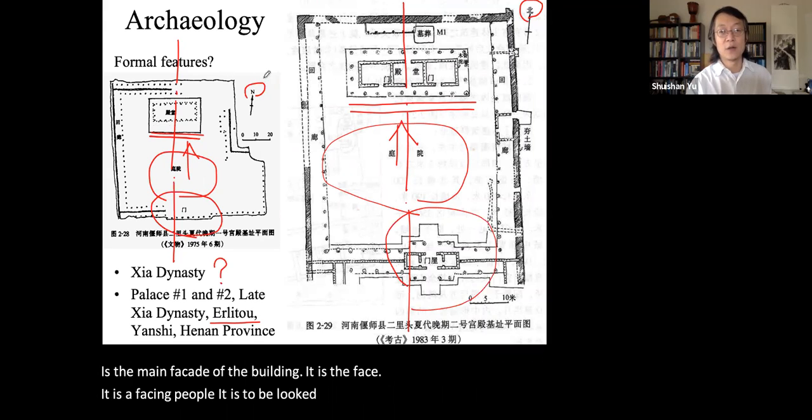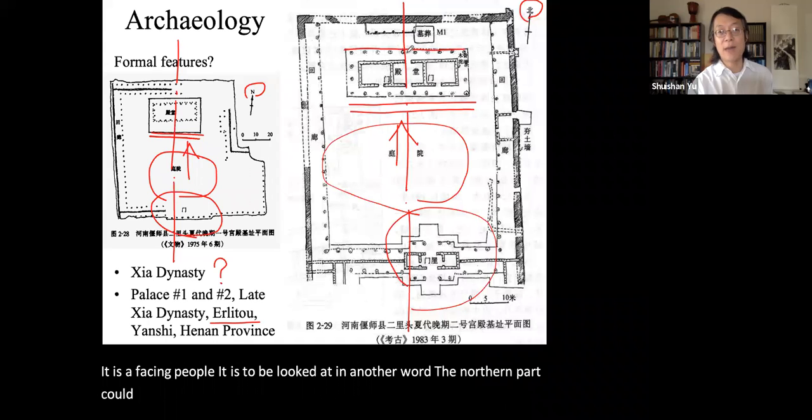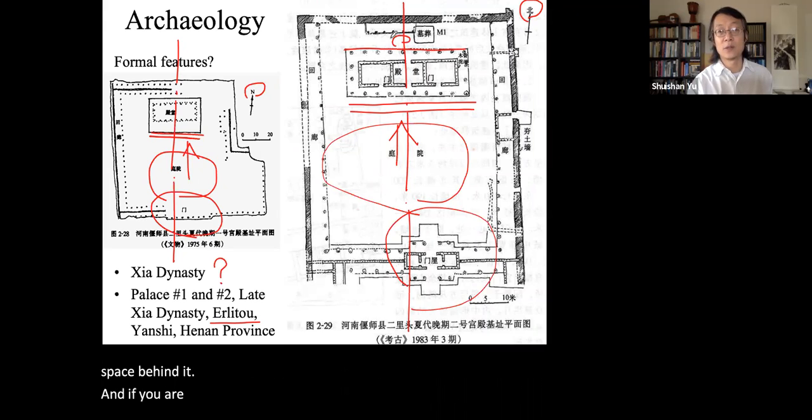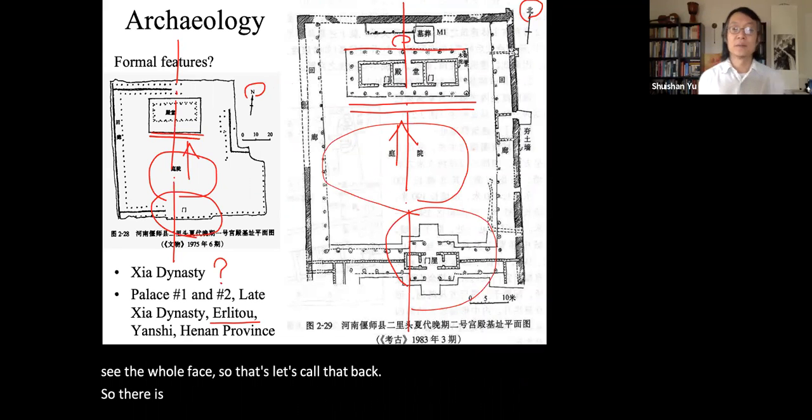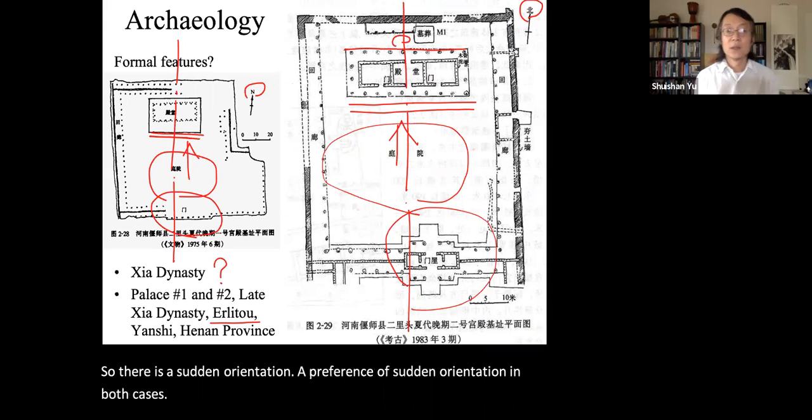In other words, the northern part could be understood as the back, right? Because there isn't that much space behind it. And if you are standing there, you are too close to the building, you won't see the whole face. So let's call that the back. So there is a southern orientation, a preference of southern orientation in both cases, right?